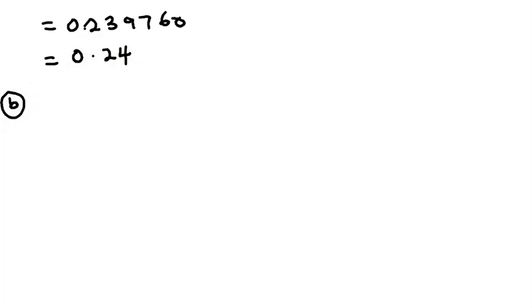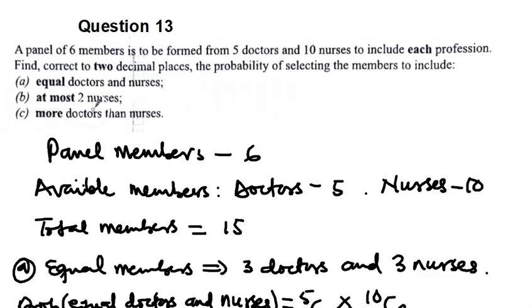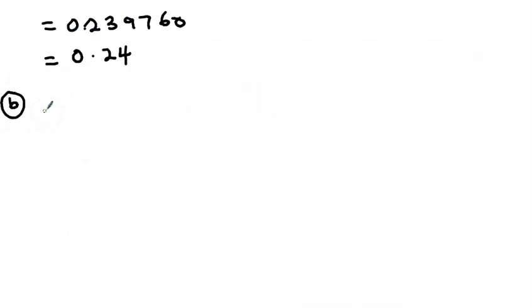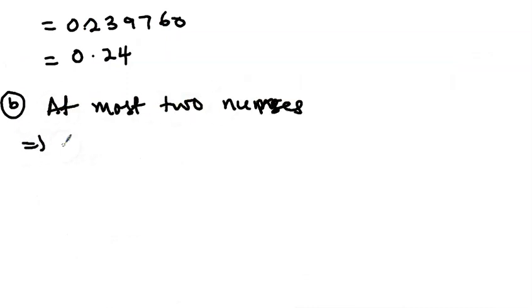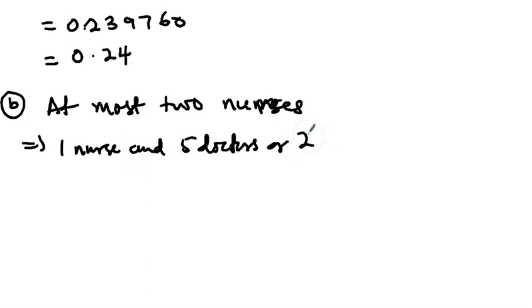B. We are to find the probability of at most 2 nurses. So at most 2 nurses implies that you choose 1 nurse, and when you choose 1 nurse, you choose 5 doctors, or you take 2 nurses, then you take 4 doctors.